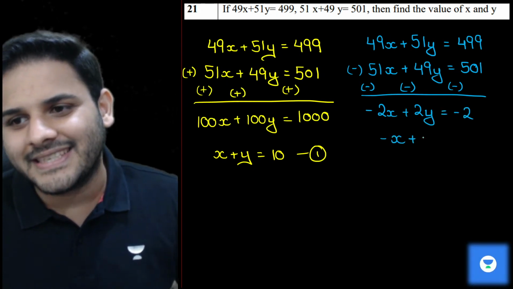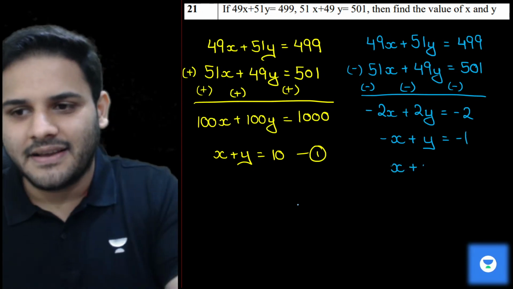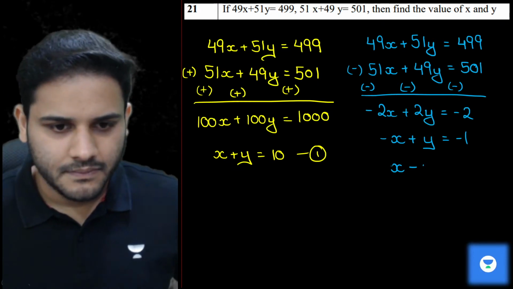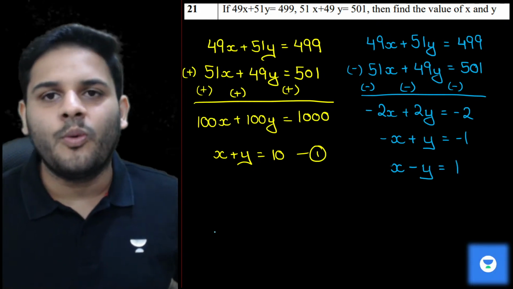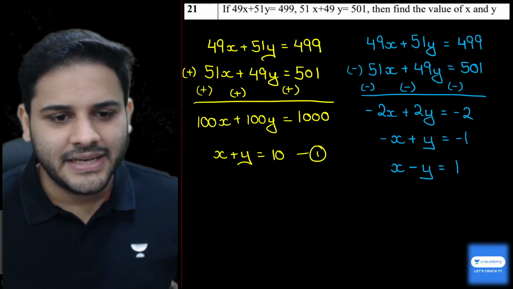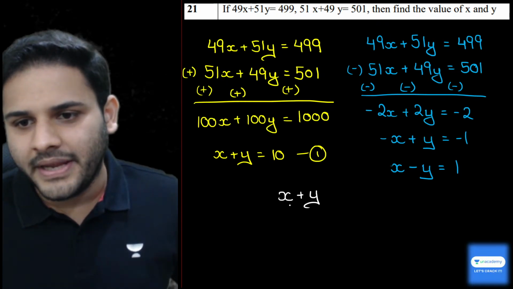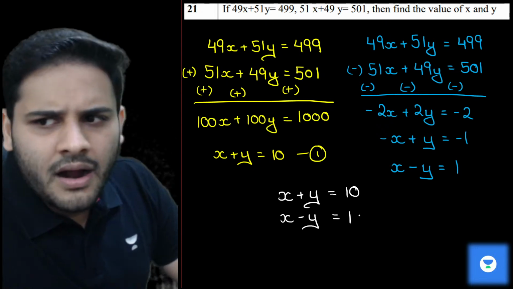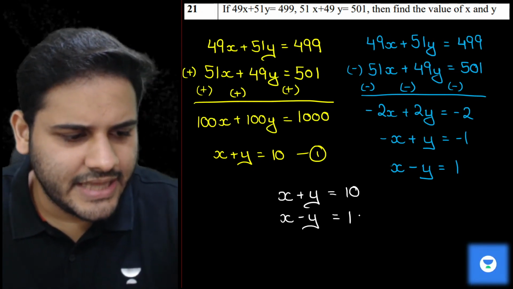So you will get minus x plus y is equal to minus 1. So you will get x minus y is equal to 1, and then solve them simultaneously. So x plus y will be equal to 10 and x minus y will be equal to 1. Is that so?